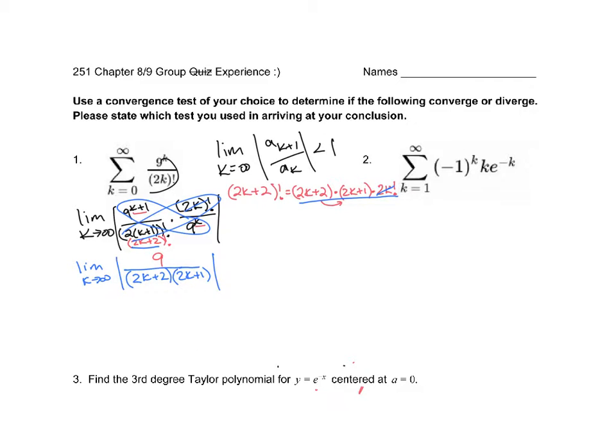And so if we look at the k plus 1th term, we'd have (k plus 1) over e to the k plus 1. And then we'd have an e to the k over k.